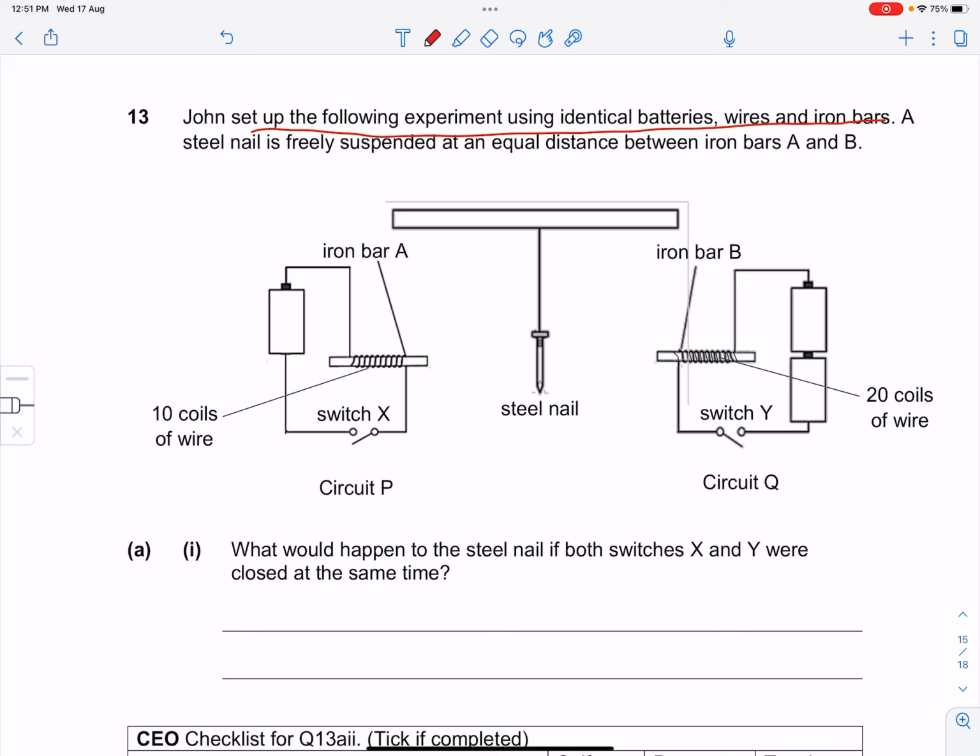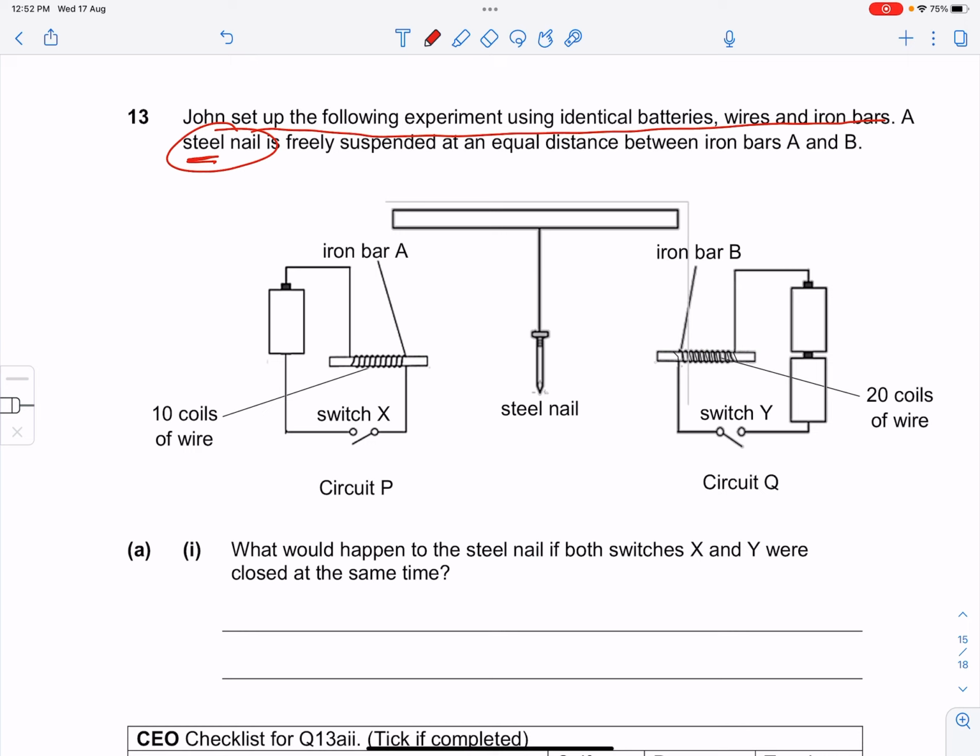Okay? A steel nail is freely suspended in an equal distance between iron bars A and B. Okay, steel nail. They purposely put the word steel there for a reason. So when you read a question, don't just jump in the answer. Ask yourself, why would they put the word steel there? Okay, there must be a reason.